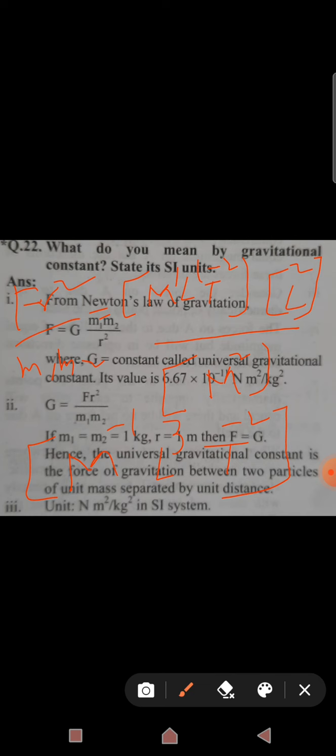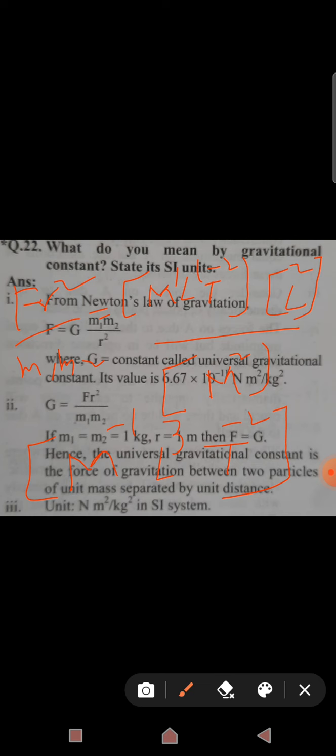So friends, you understood Newton's law of gravitation. Then we also studied the SI unit of the gravitational constant, that is Newton meter square per kilogram square. Again, we have studied the dimensions. The dimension is minus 1 in mass, 3 in length, and minus 2 in time. Friends, how do the dimensions come?